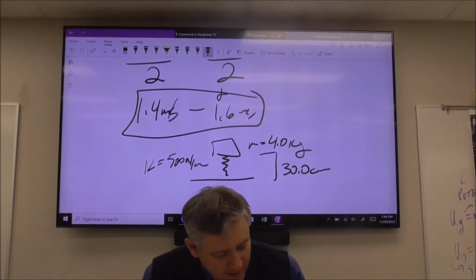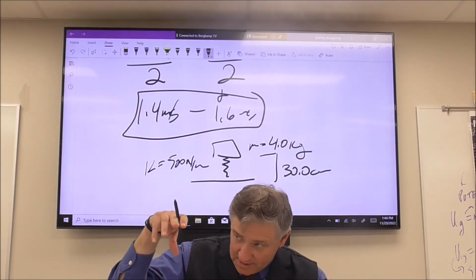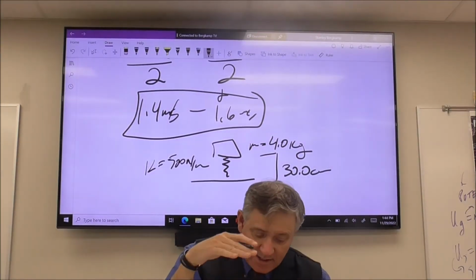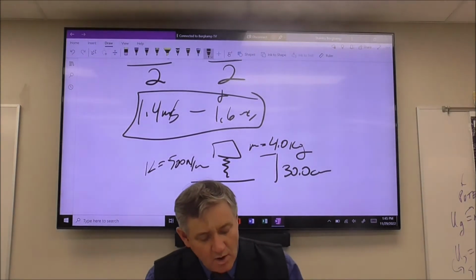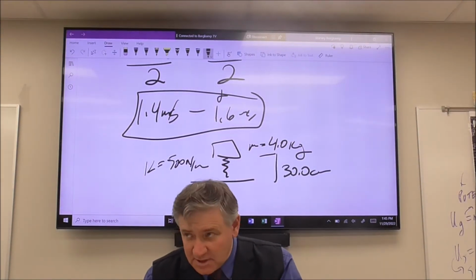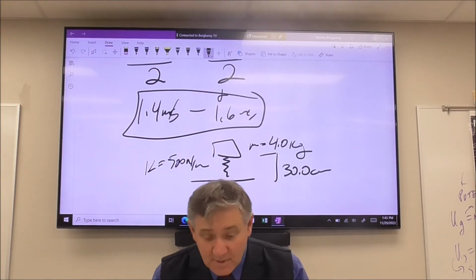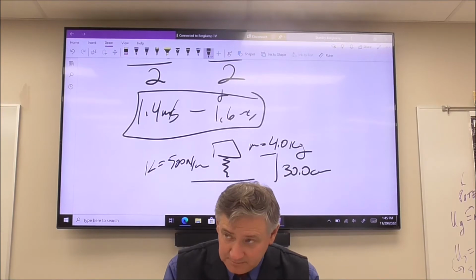Pretty cool. So imagine this. You're holding this weight, and you're going to lower it from 30 centimeters to 20 centimeters. Are you going to store energy in the spring? Yes, because you're compressing it. How do you calculate your US value? 1/2 kx squared.